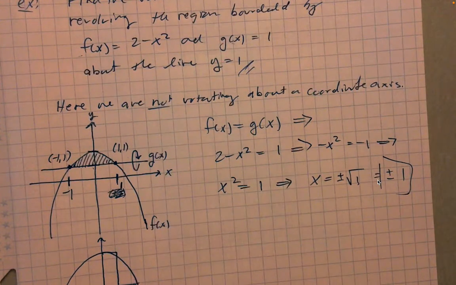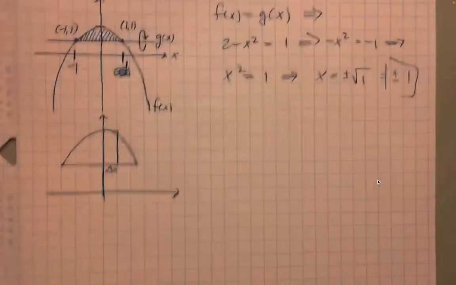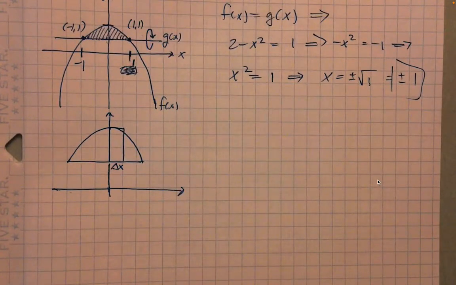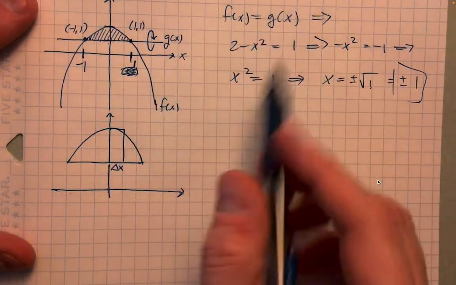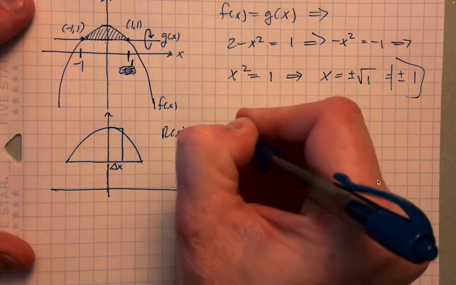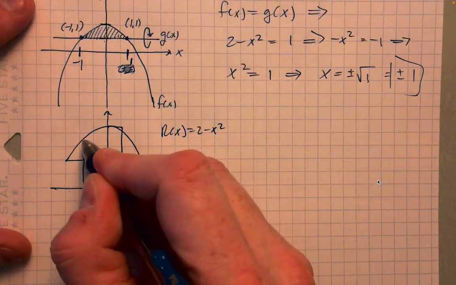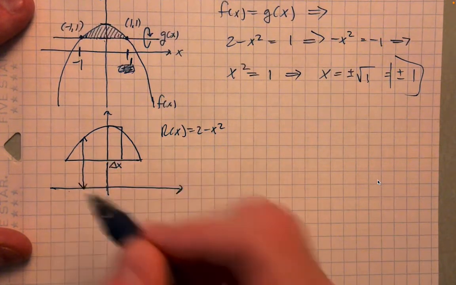Of course you've still got your delta x in here, right? So we've still got the delta x. And so what about the radius though? Well, if the function f is our r, so if r of x is equal to 2 minus x squared, right, that's going to tell us the height all the way up to this line.